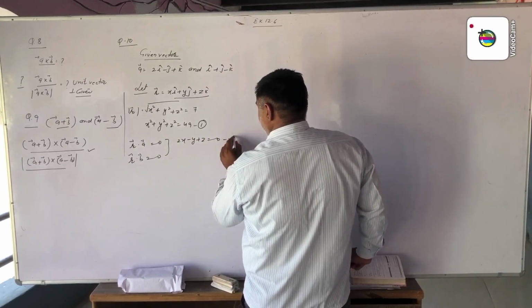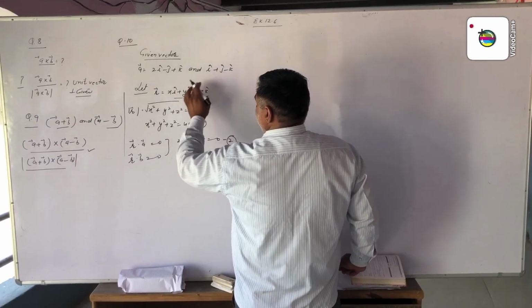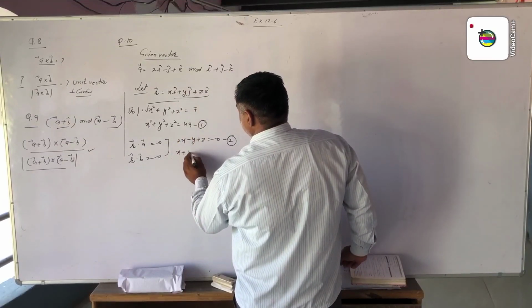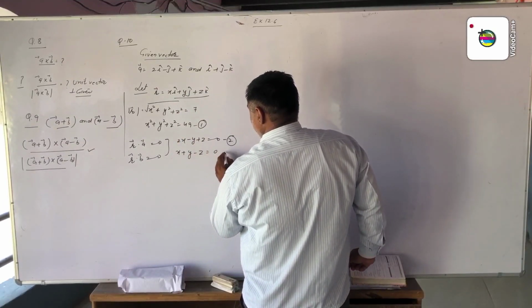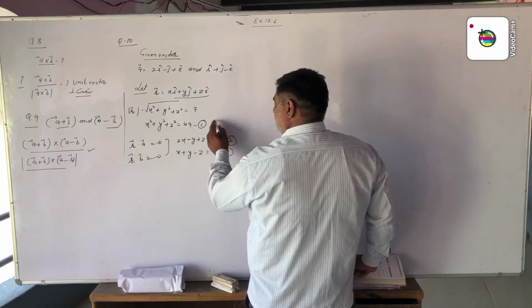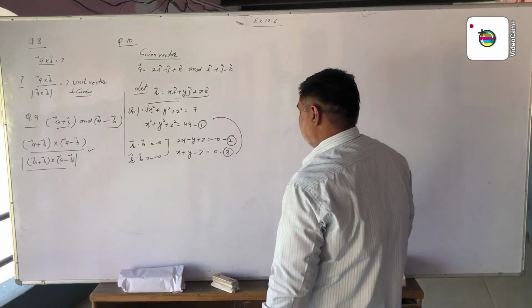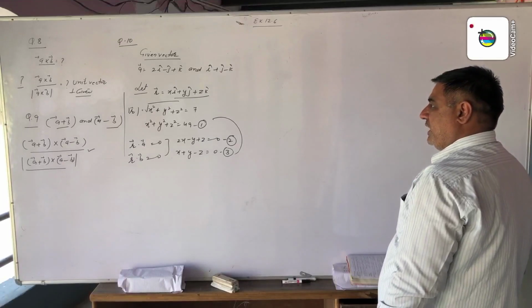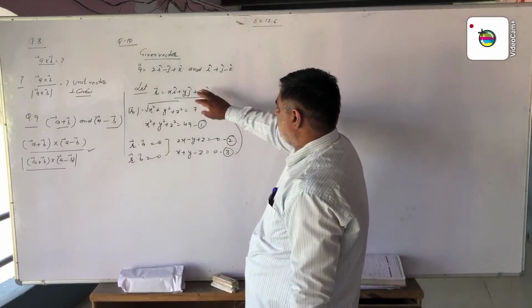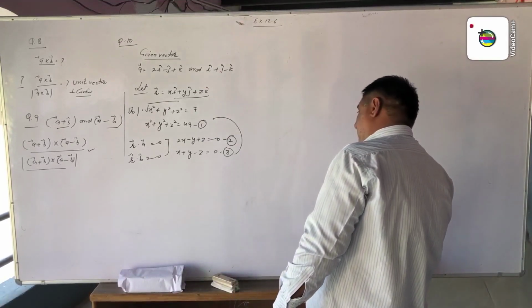This is equation number two. And then x plus y minus z equal to 0. This is equation number three. Now we solve these three equations for x, y, z, put in the values, and find the vector r.